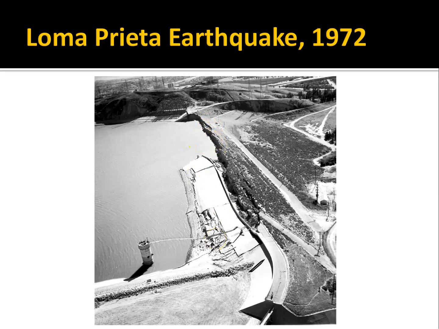It came razor close to failing. Had another 18 inches of that slope slipped into the water or slid away, that water would have started cresting the dam and eroding it, and there was a very high likelihood that the dam would have completely failed. And I believe it was during the nighttime, and there were 100,000 people living directly below the dam.